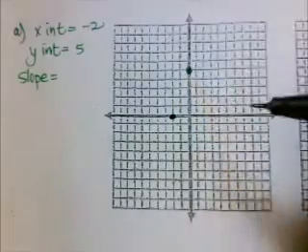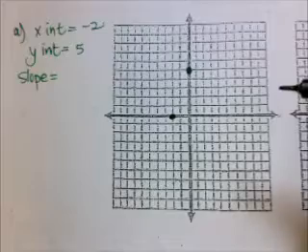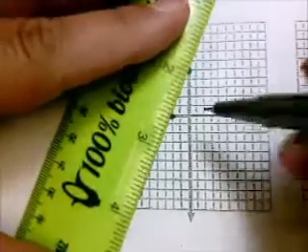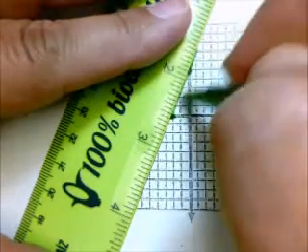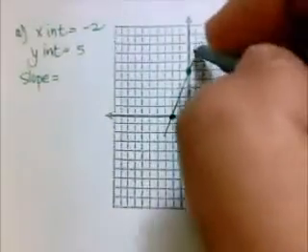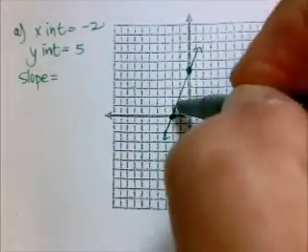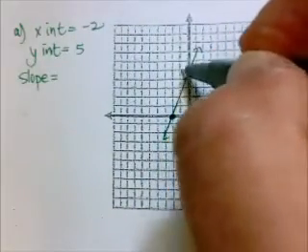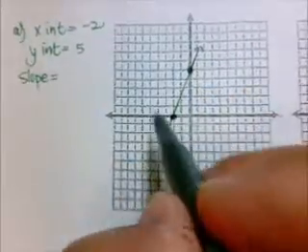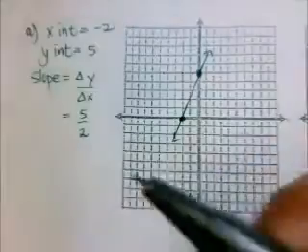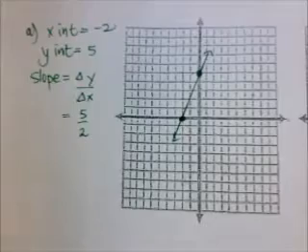Once I have 2 points, then I am able to figure out what my slope is. So connect those dots, okay, and then just count it. Up 1, 2, 3, 4, 5 over 1, 2. So I always do the rise, how it changes on my y over how it changes on my x. And so it's going to go up 5 over 2. Positive 5 over 2.